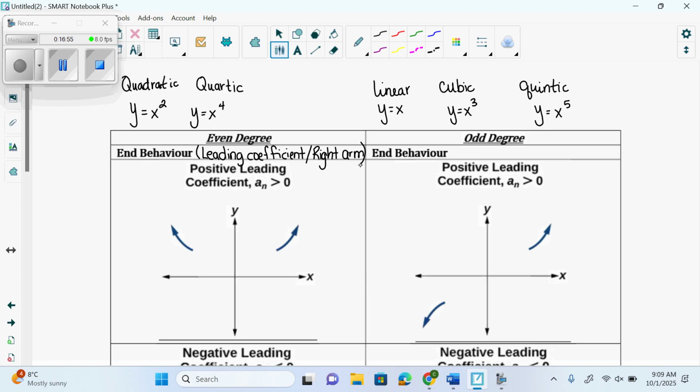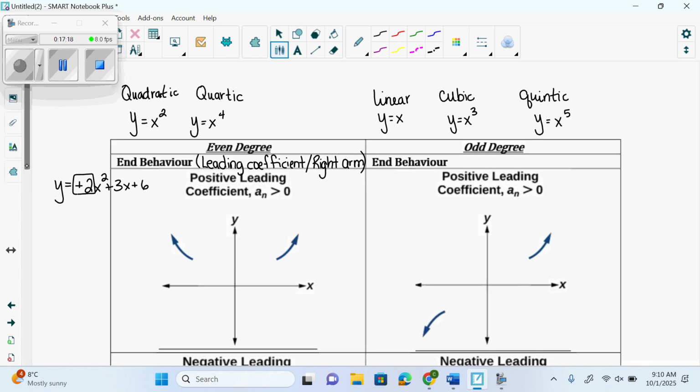So what would that mean? That would be like if I gave you y equals plus 2x squared plus 3x plus 6, let's say. This would be the leading coefficient. It's the one that leads it. It's the one in front of the largest exponent. We were taught last year, right? It's the one that leads the equation. Yeah?